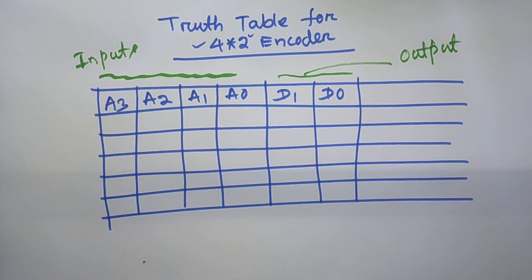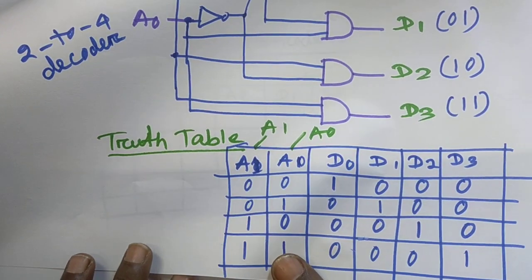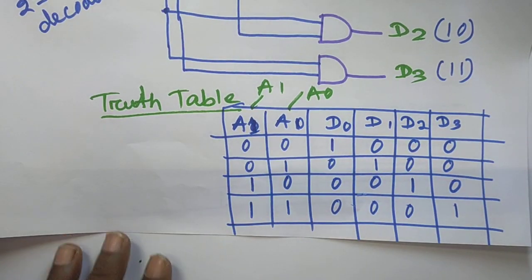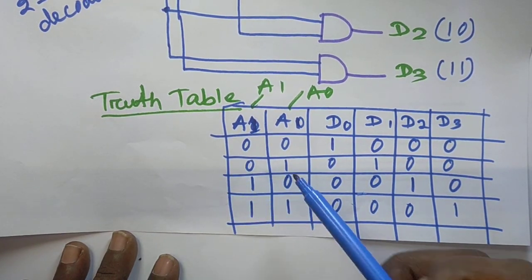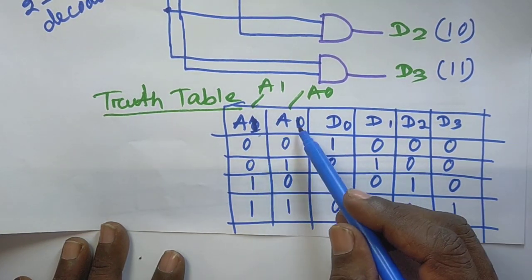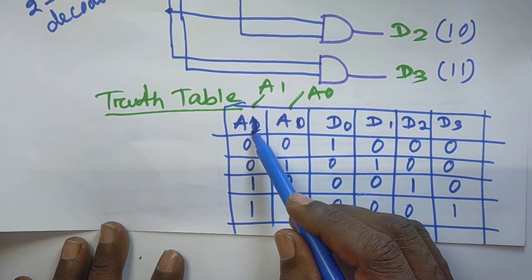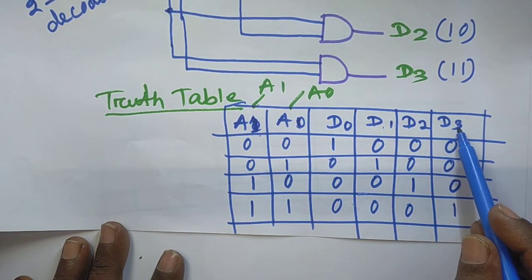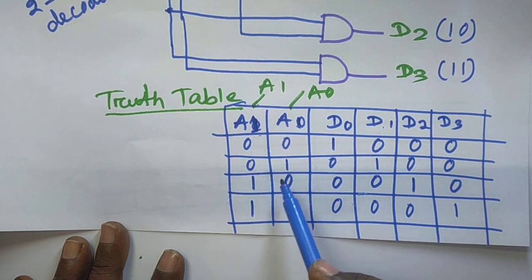If we go through the decoder, I will show you in a very simple way how we can define it. For a decoder, there are two inputs, A1 and A0, and then D0, D1, D2, D3 we will consider, with input combinations 0 0, 0 1, 1 0, 1 1.